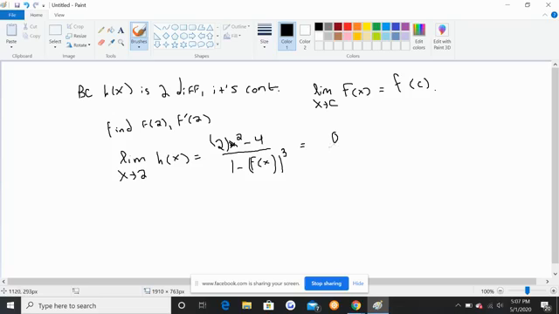And knowing that this can be solved using L'Hopital's rule, we know that the denominator must be equal to 0 as well, because any limits dealing with L'Hopital's rule are indeterminate, so they'll be 0 over 0, infinity, negative infinity, things like that, right? So this will also have to be 0.